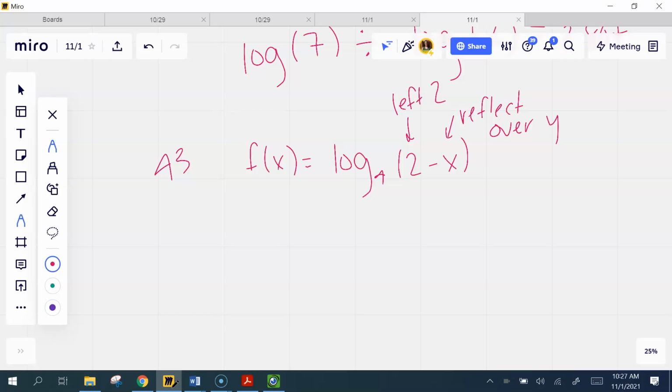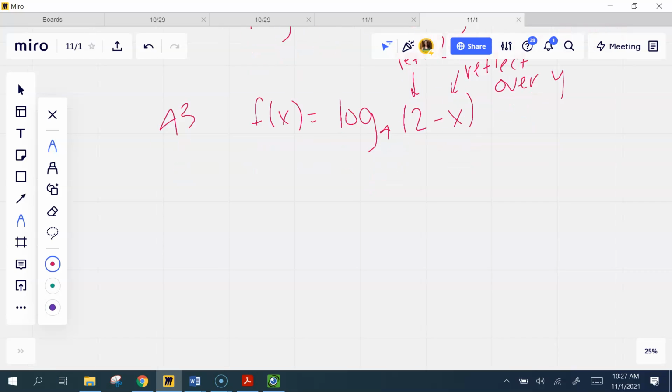You won't have to graph. The base impacts it a little bit, but you can figure out which one it goes with just based on that. I'll only have you graphing in base 10 or natural log whenever you're graphing by hand for right now.